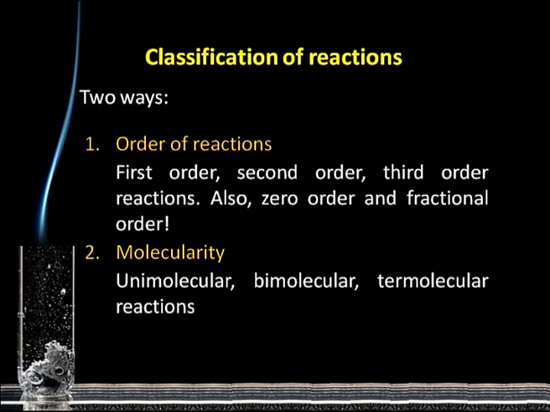But here we can also have what are called zero order and fractional order reactions. The other way is in terms of molecularity. We have unimolecular, bimolecular and termolecular reactions.